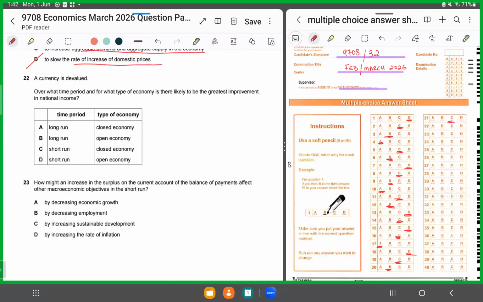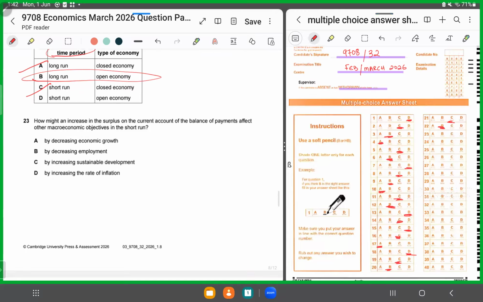It cannot be closed. Otherwise, there's no point in devaluing your currency. So you can shortlist A, you can shortlist C. What about the time period? What is the likely time period that would require it to have the greatest improvement? The greatest improvement will take certain time, because when you devalue, it takes time for things to improve. It has to be the long run. 22 we shade in as the correct answer.